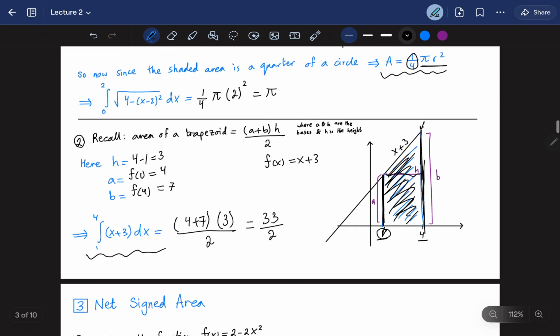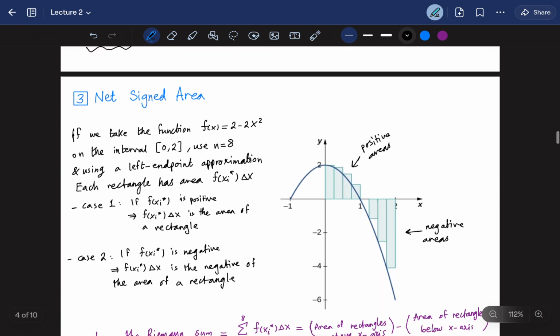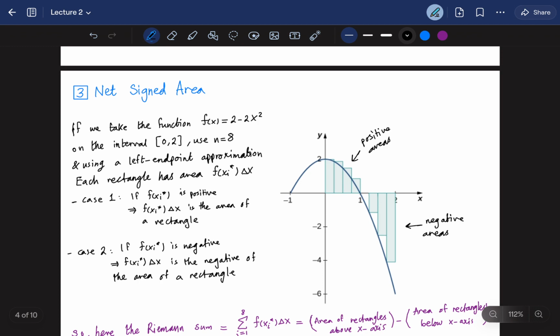Okay, so far, we either find the integral using the definition, or if I'm able to find the shape with a known formula, I just find it using a geometric formula for the area under the curve of that known shape. Okay, so let's move on and start talking about the net signed area.